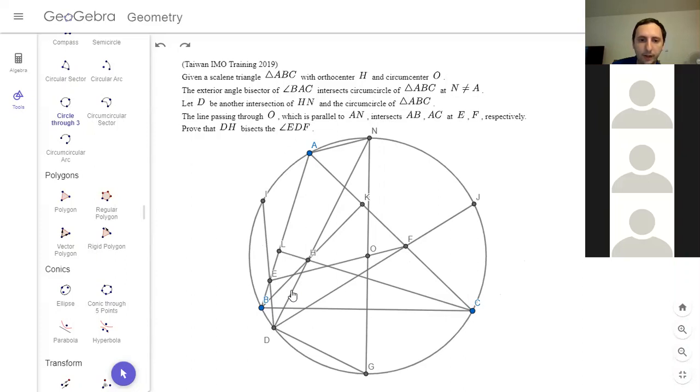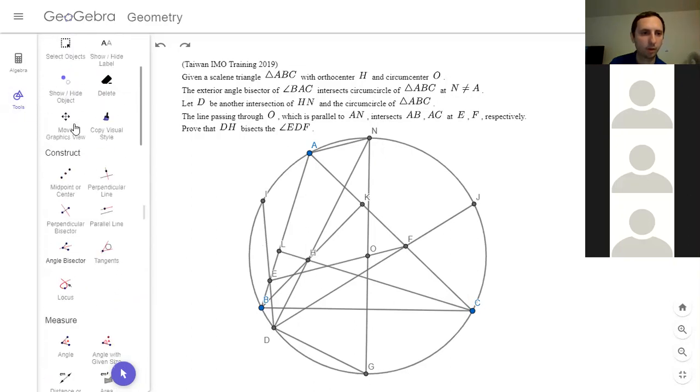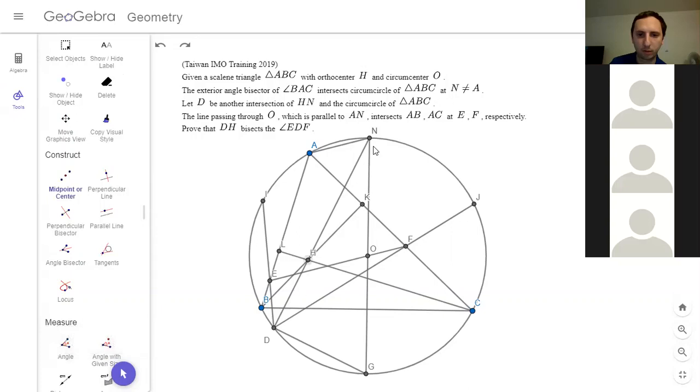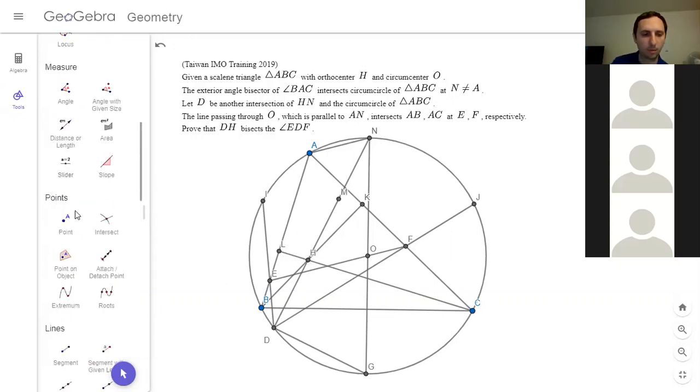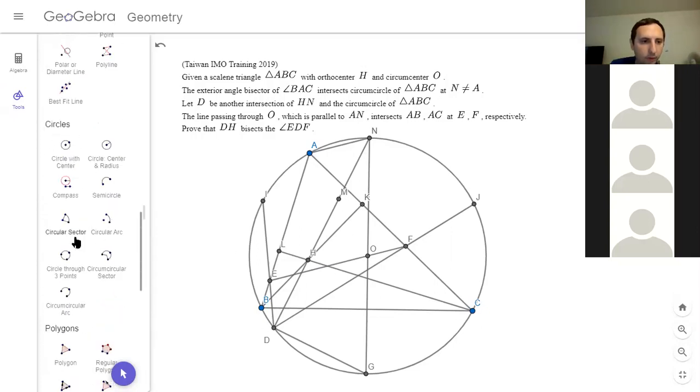The midpoint of HN? Yeah. So that lies on the 9-point circle, right? Maybe I should draw the 9-point circle.